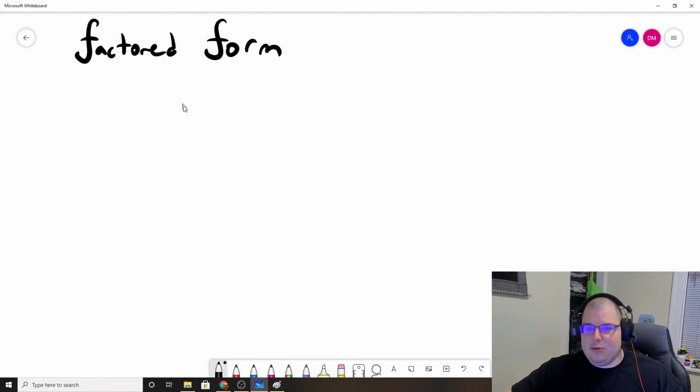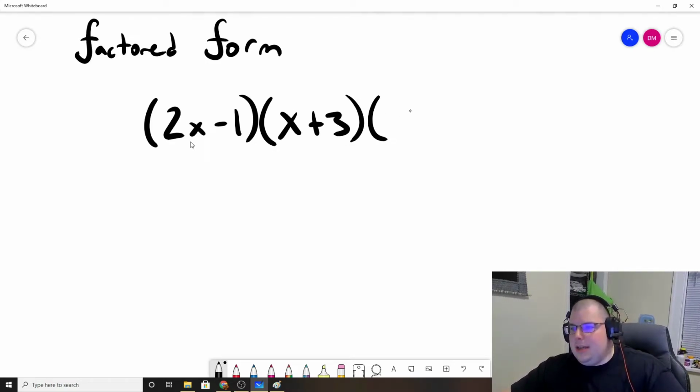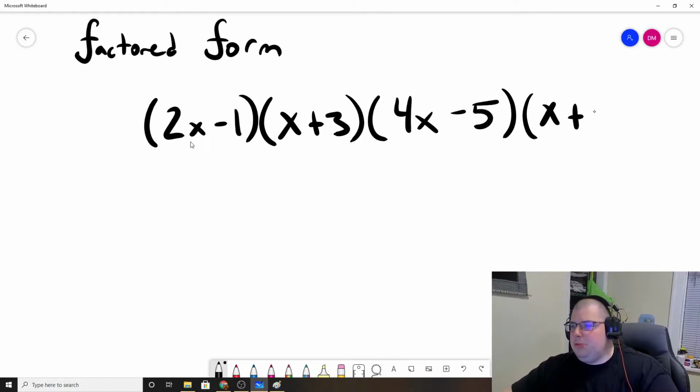So if we were given a polynomial in factored form, say 2x minus 1 times x plus 3 times 4x minus 5 times, I don't know, x plus 2. That's good.